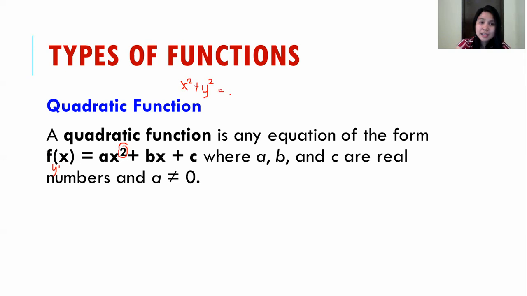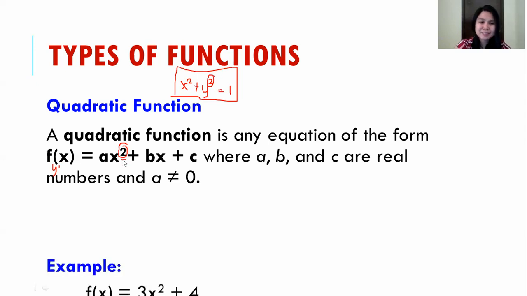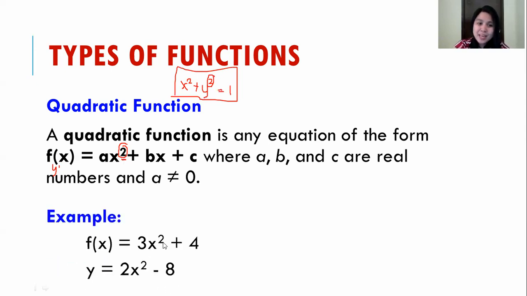It's a quadratic equation, but it's not a quadratic function because y has a power of 2. Again, for quadratic function, only x should have a power of 2. Examples: 3x squared, and 2x squared. The 2 there is your hint.